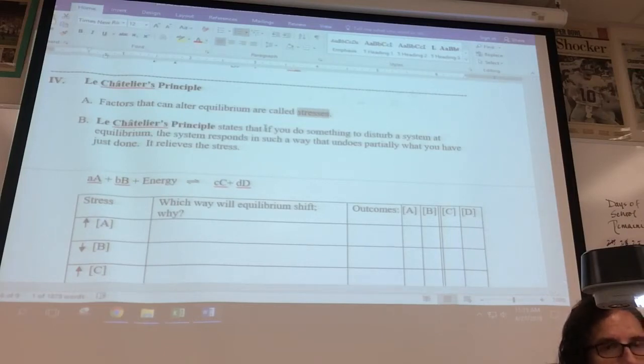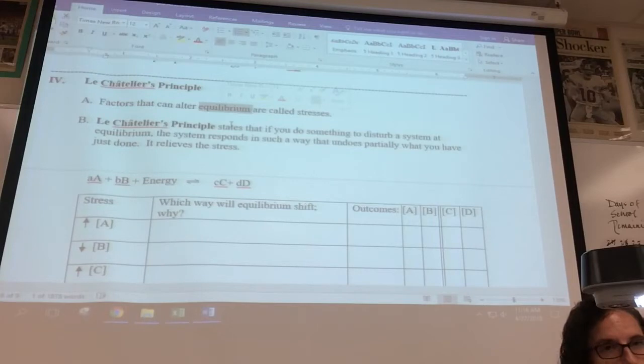In the kinetics chapter, we talked about how concentration, surface area, temperature, what the reactants are, and catalysts can affect rates of reactions. In equilibrium, it's a little bit different. The factors or stresses that can alter equilibrium such that either the forward or reverse reaction is favored include concentration, temperature, and pressure or volume, so not surface area.